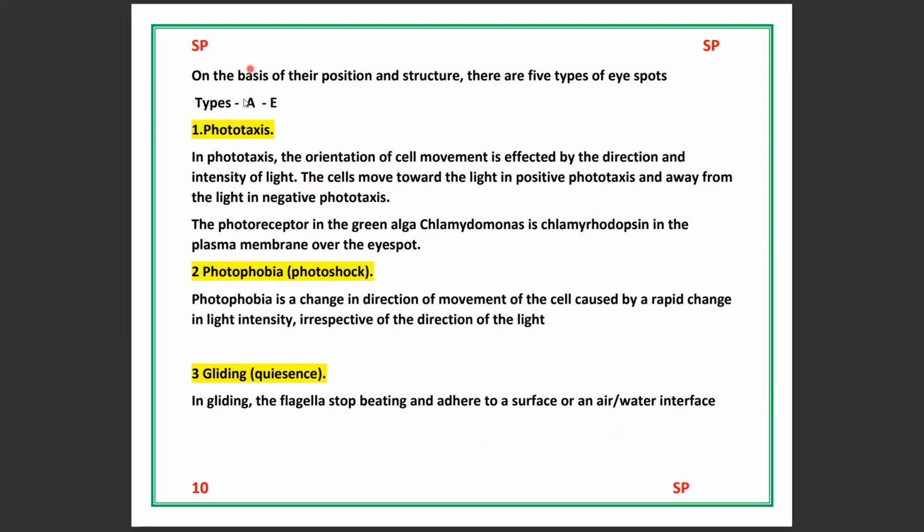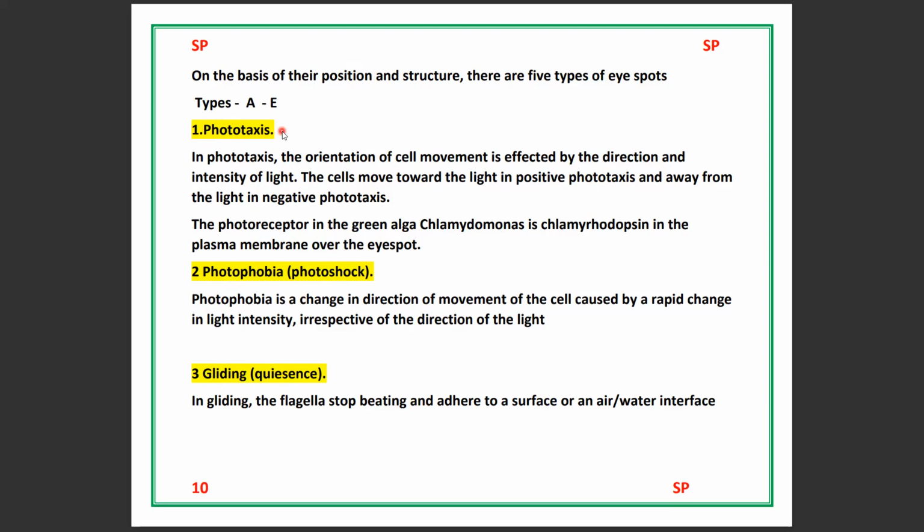So whatever it may be, the eye spot plays a key role in the movement of the flagellum in 3 ways. Phototaxis, the first one, then photophobia or photoshock, and gliding or quiescence. In phototaxis, the orientation of the cell movement is affected by the direction and intensity of the light.